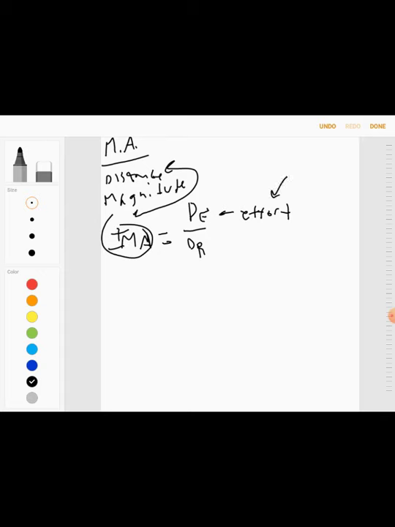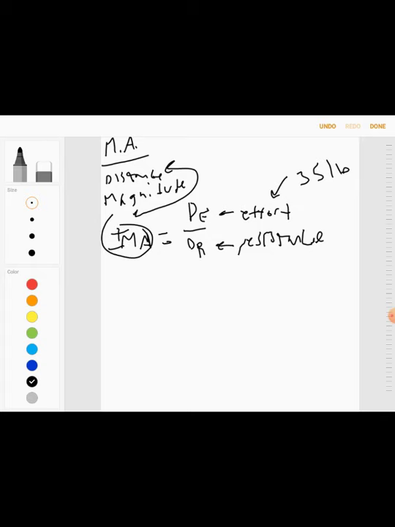Let's say you have to use 35 pounds of force, you could plug that in to solve for the IMA. And then the R is resistance. So what is the resistance from the spigot? What force does it have on itself to make sure that when you try to turn it, it doesn't just fly off? That's the resistance force.